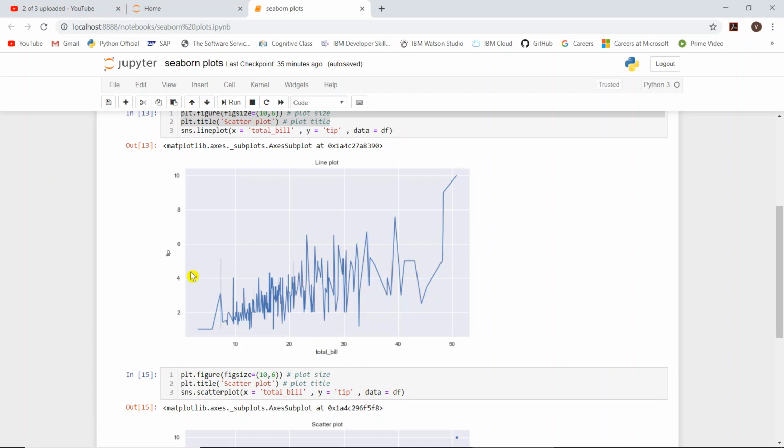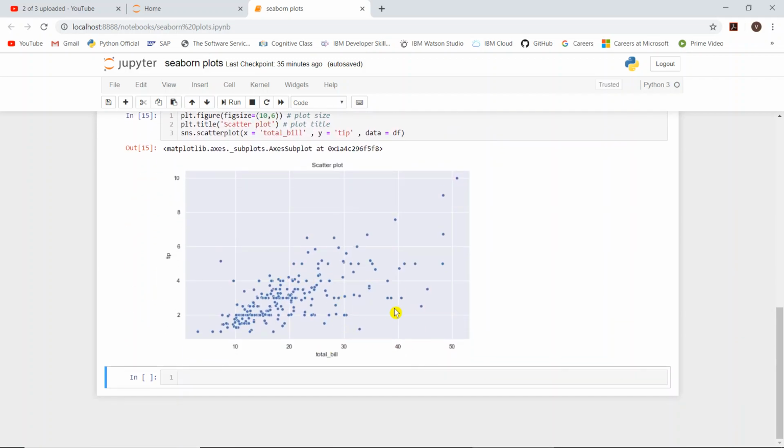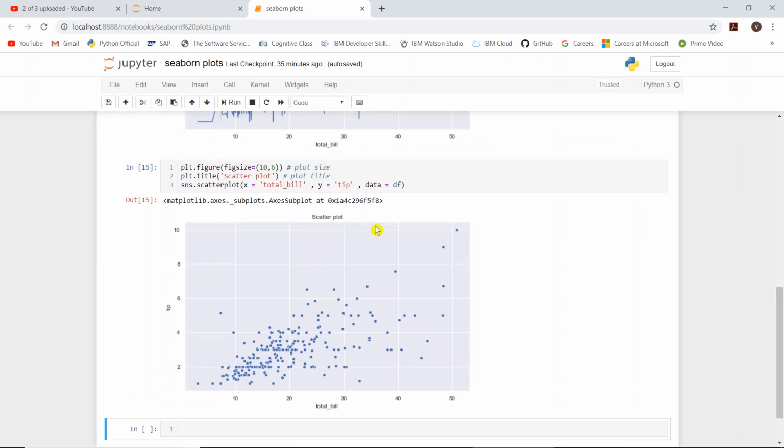For increasing total bill there is increasing tip, but for each and every point it is not linear, it is non-linear in nature. Okay friends, this is about the scatter plot.